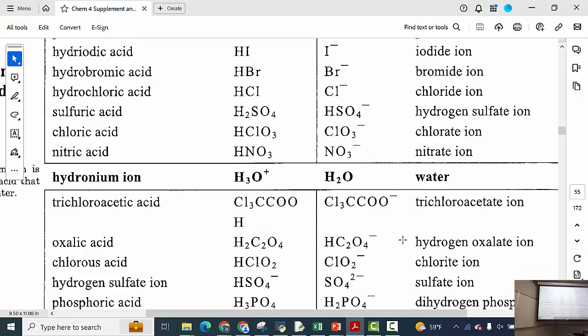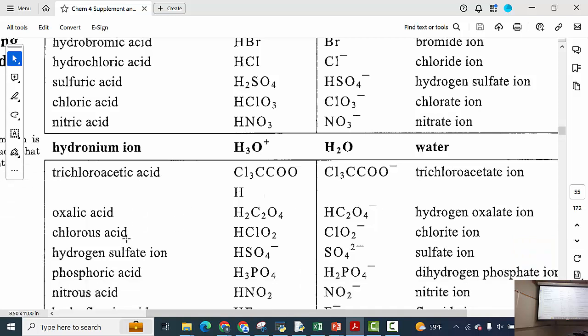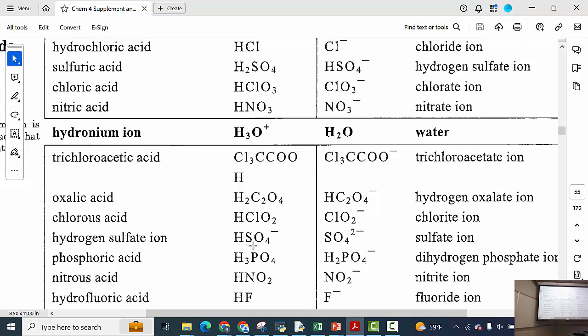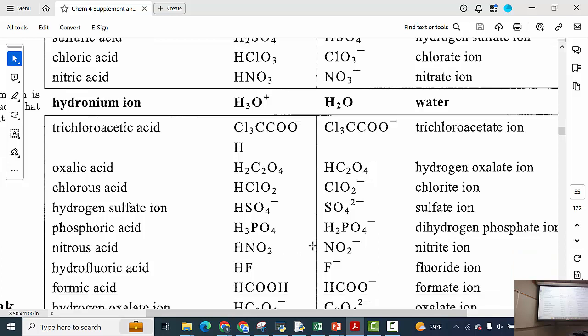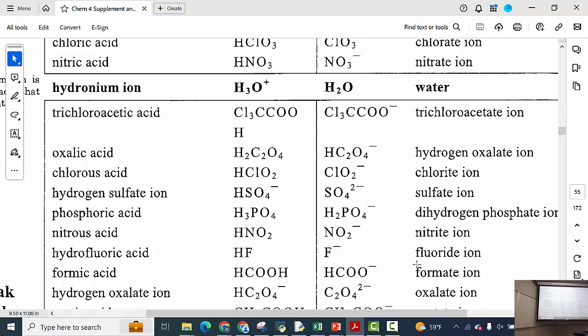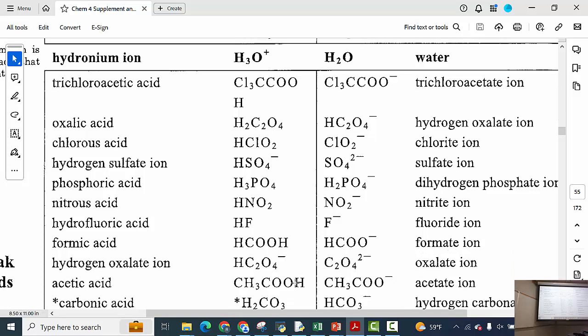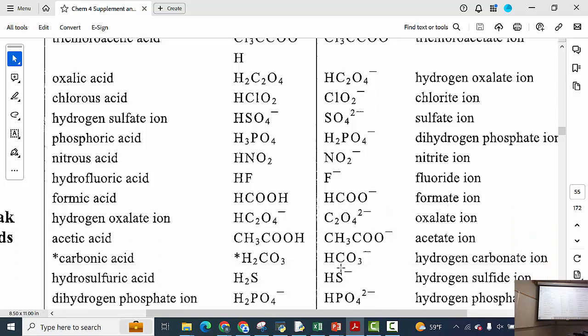Oxalate, oxalic acid. Sulfate forms sulfuric acid up here, but to form the acid anion, bisulfate. Phosphate, phosphoric. Nitrite, nitrous. Formate, formic acid, etc.